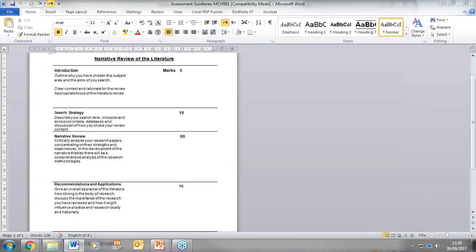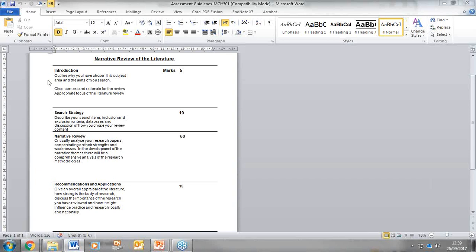Okay, so just to recap on the assignment, what I've done here, and this template is on the DLE, is I've actually broken it down into even more specific sections in the fact that I've given an indication here of exactly how many marks are given to each section.